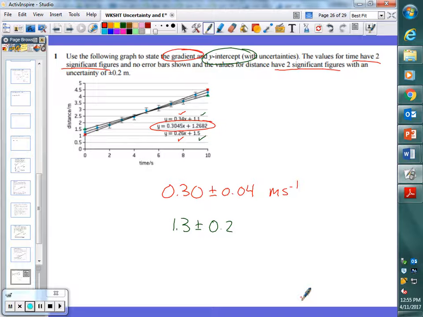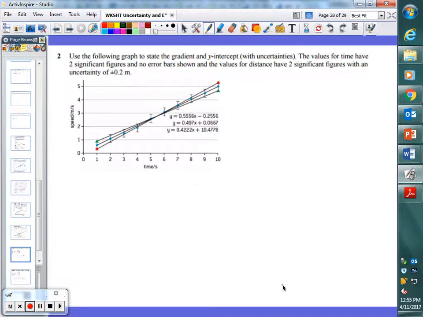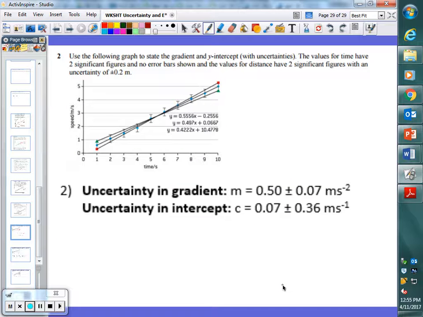And then the y-intercept, because it's a single value on the y-axis, and the y-axis is a distance value, would just be meters. Good there? Okay. If you want, on that same page, there's another problem. Here are the answers to that problem if you want to write them down and then go back and verify them.